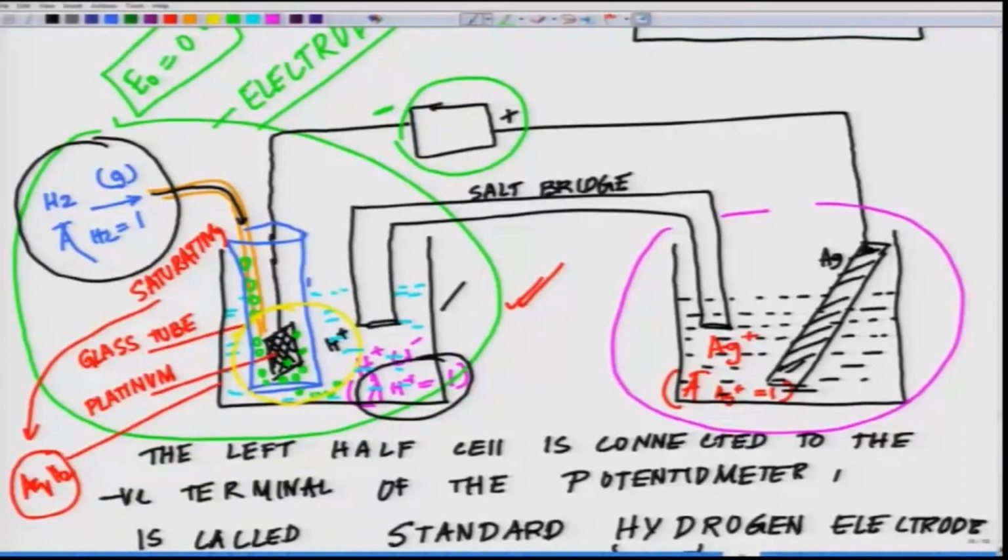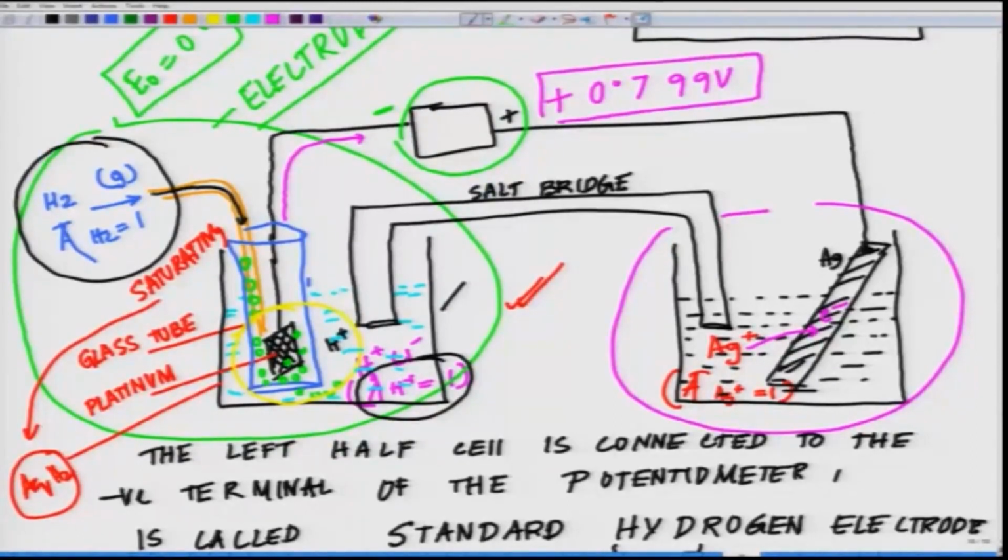Silver is there, a surface which is getting reduced. From the solution, Ag plus goes and deposits here and looks for an electron. The electrons are flowing from here, and what you observe in the meter is a positive 0.799 volt. Why is this important?